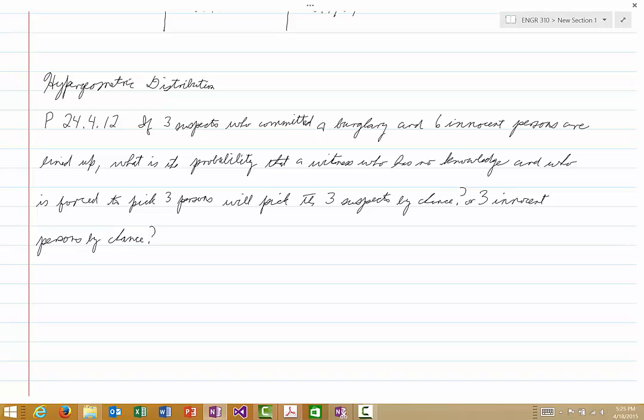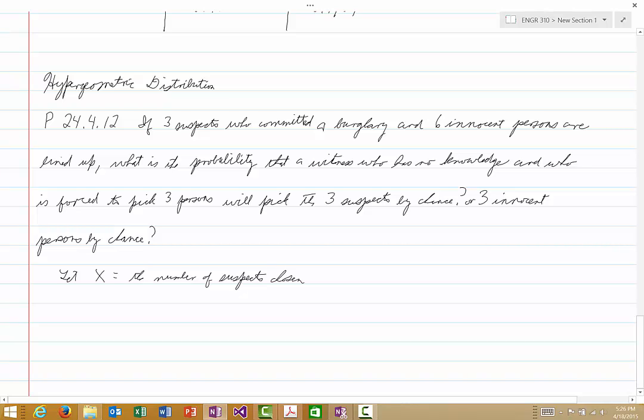Okay, so for this problem, I want to do it a little bit more generally than what the problem is asking. Let x be the random variable that represents the number of suspects chosen.